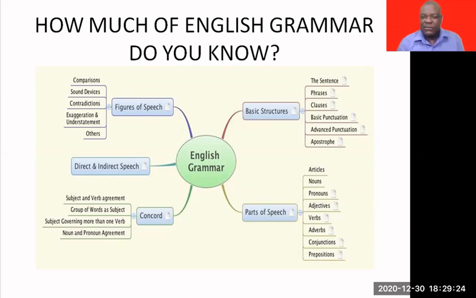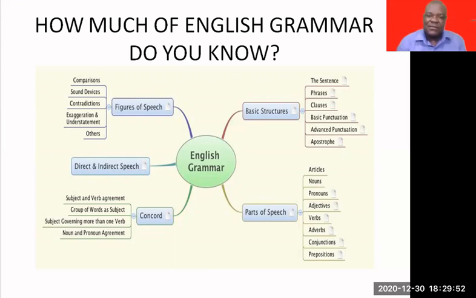Because when we look at the parts of speech, articles, nouns, pronouns, adjectives, verbs, adverbs, conjunctions, prepositions, these are all aspects of grammar. Of course, parts of speech or word classes, if you like, are the building blocks for English speech and writing and form part of the basics of English grammar.